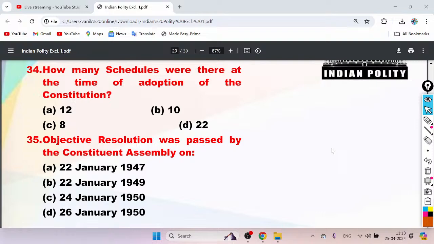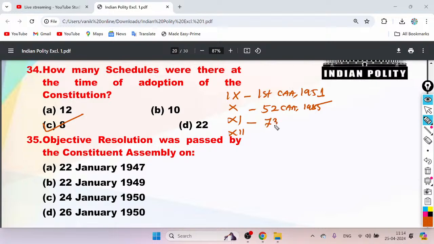How many schedules were there at the time of adoption of the Constitution? That is 8 schedules. And 4 schedules were added: IX schedule, X schedule, XI schedule, and XII schedule. IX schedule was added by First Constitutional Amendment Act 1951. X schedule was added by 52nd Constitutional Amendment Act 1985.